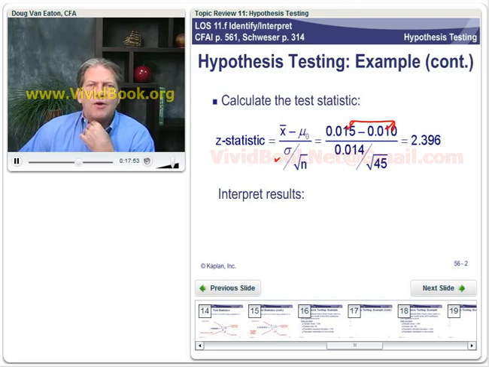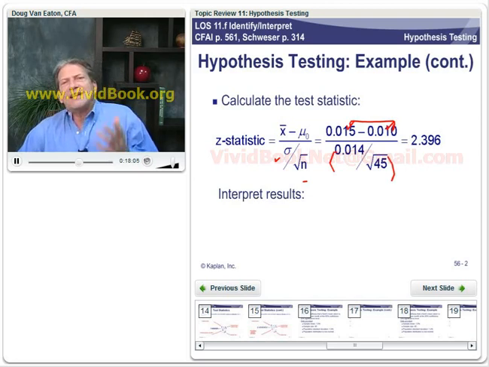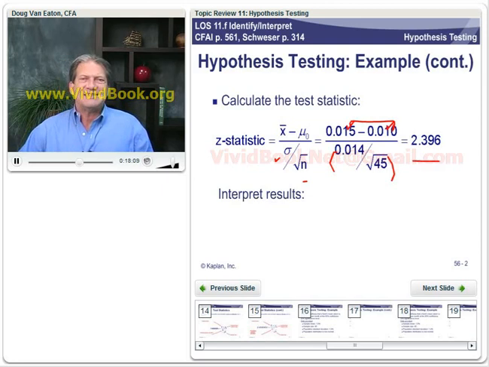So we divide the standard deviation of the population by the square root of the sample size. So that's our standard error. So now we're measuring how far 0.5% is in standard errors. Well, it's 2.396 standard errors above our hypothesized mean of 1%.